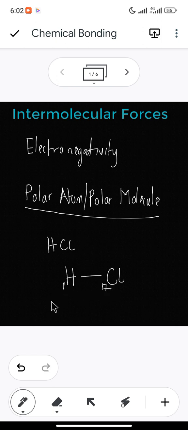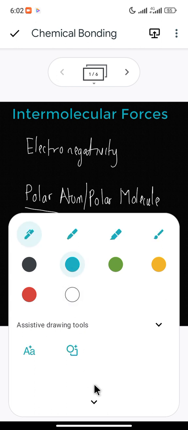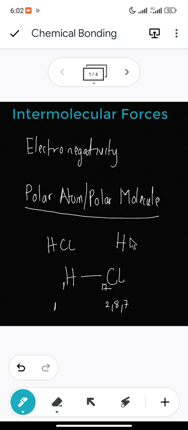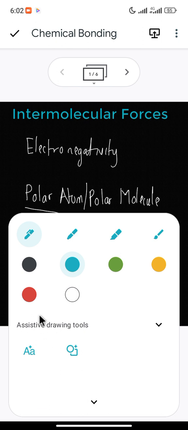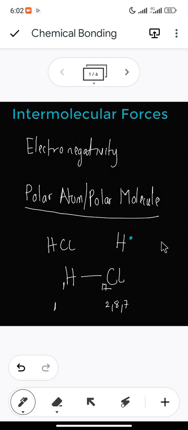According to the shell configuration, hydrogen contains 1 electron in the first shell. Chlorine contains 2 in the first shell, 8 in the second shell, and 7 in the third shell. So the valence electrons are 1 and 7. According to the Lewis structure, as we said earlier on, hydrogen is going to have 1 electron outside, and chlorine is going to have 7.